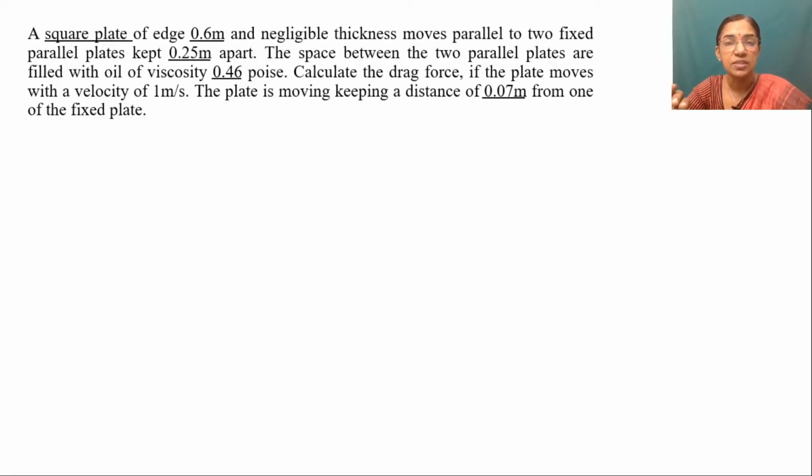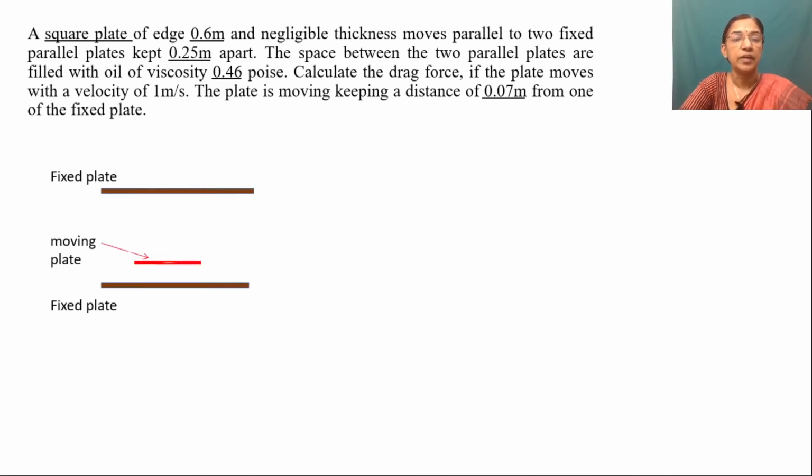There is a closed conduit and some external body that is moving through it. How much resistance is it getting, or what is the total drag force experienced by this body when it is moving through a fluid which is enclosed within a closed system? Here we are considering two fixed plates and a square plate moving through the fluid, and it is not moving through the middle.